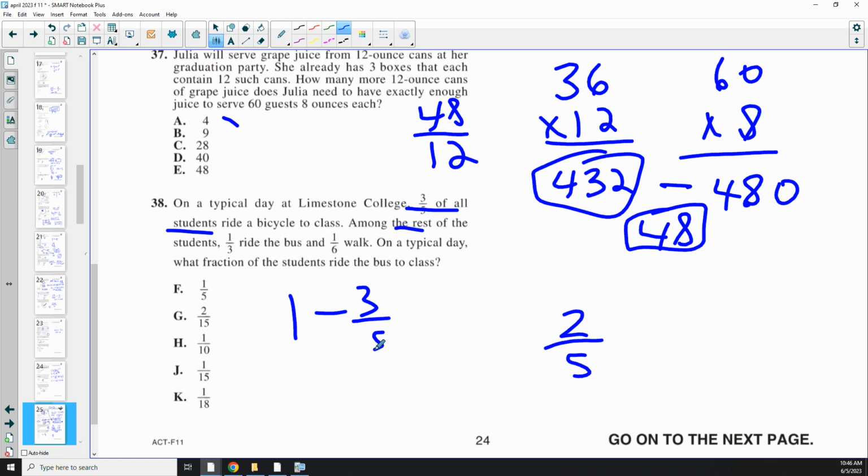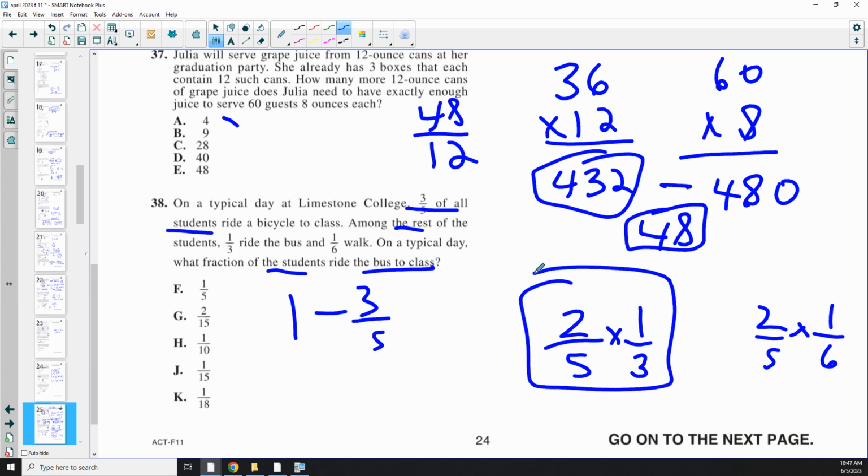The rest is 2/5 of those. 1/3 ride the bus, and 1/6 walk. So what fraction of the students ride the bus? 2/15. You can do this on your calculator, Matha-Fracka.